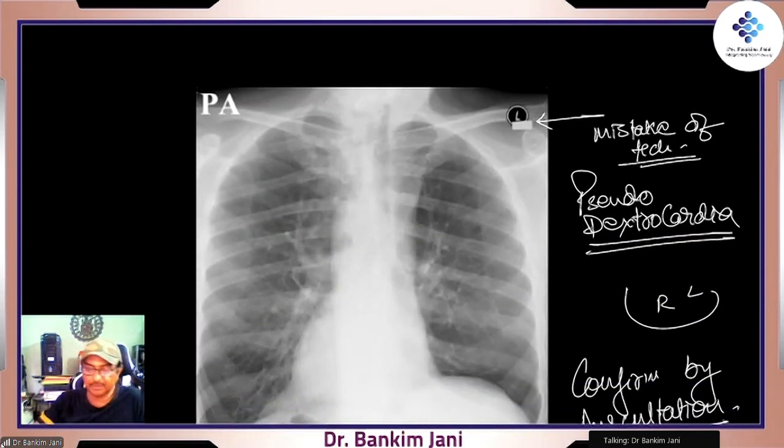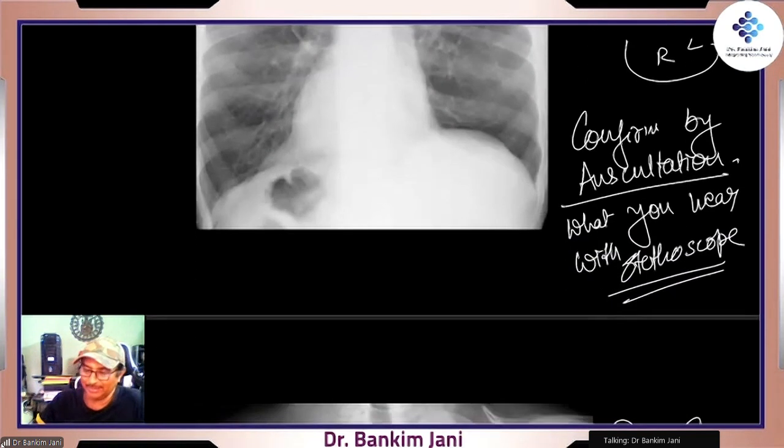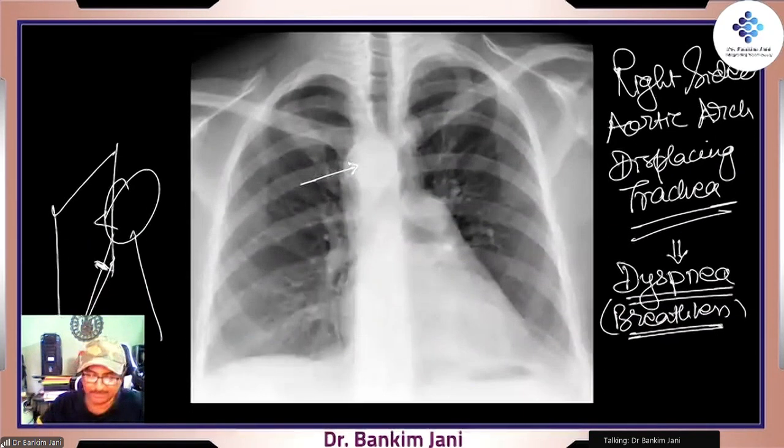We'll see that in embryology. This was again confirmed by the technician, but it was the technician's mistake, so this is not the left side. This is pseudo-dextrocardia, when everything is fine. You can confirm it by auscultation, what you hear with the stethoscope.